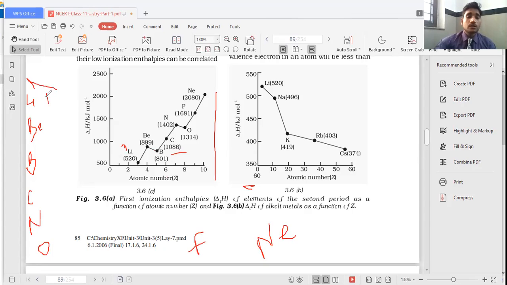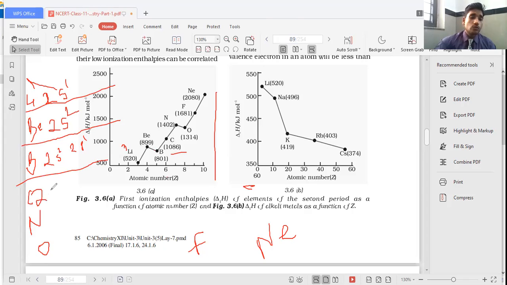Your lithium is 2s1. I'm writing just the outermost electronic configuration. Beryllium is 2s2, then we are having 2s2 and 2p1, right? For carbon it is 2s2 and 2p2.